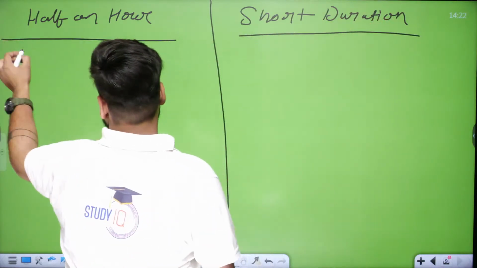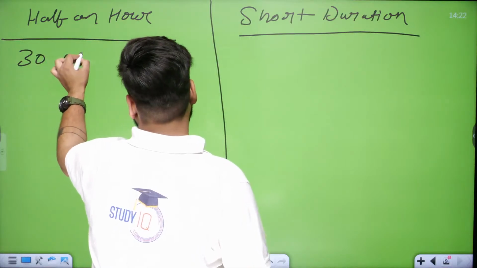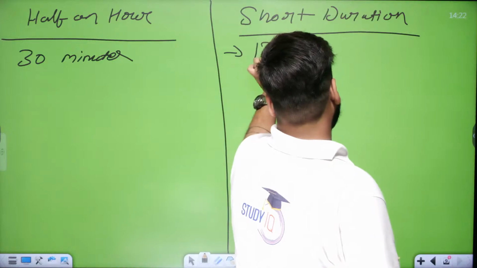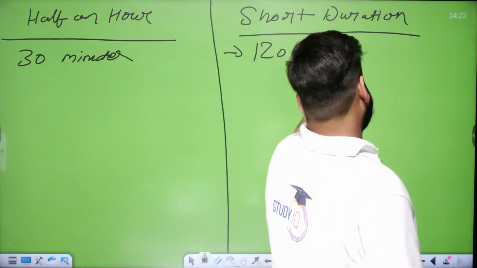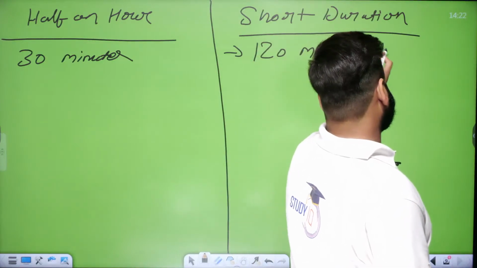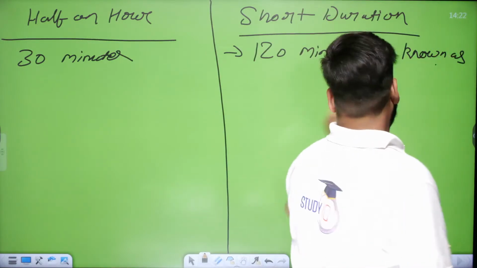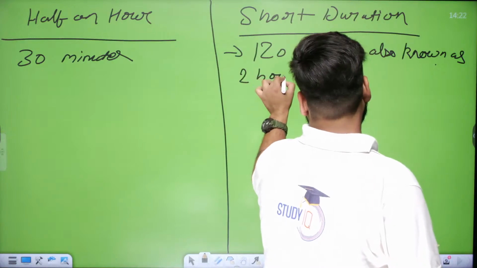Half an hour is obviously very clear, 30 minutes, but short duration discussion is 120 minutes, and that is why it is also known as the 2-hour discussion.